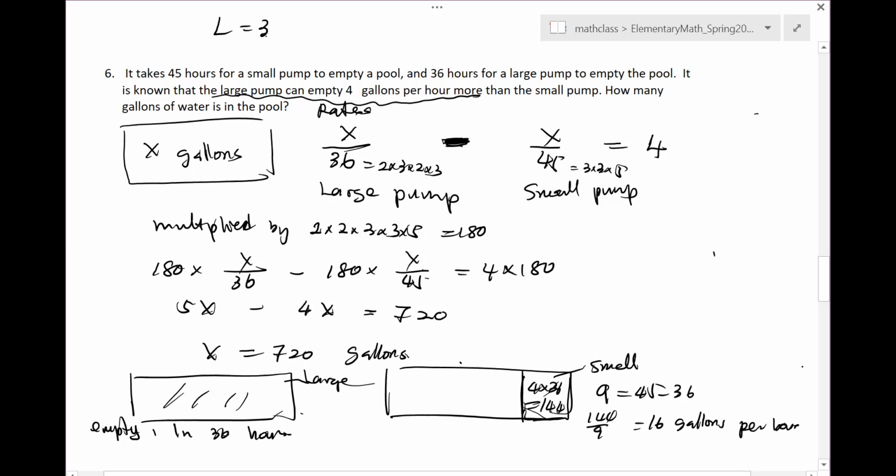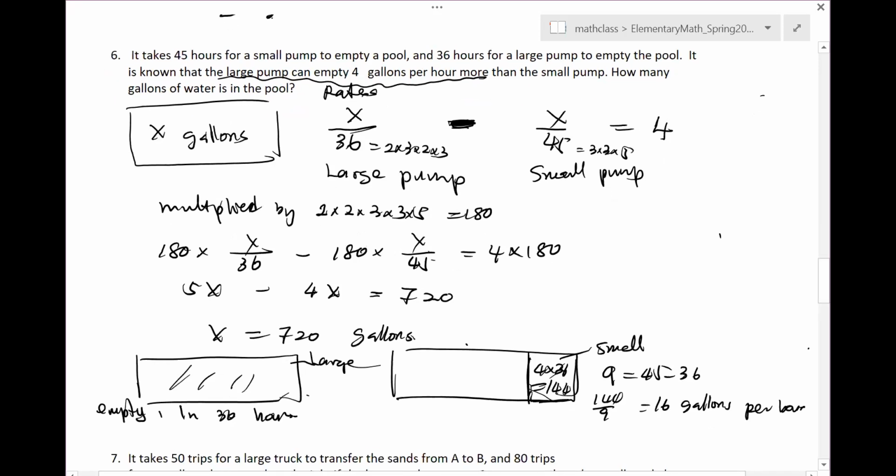Then the amount of water in the pool will be 16, the rate, times 45 hours, so 720 gallons.